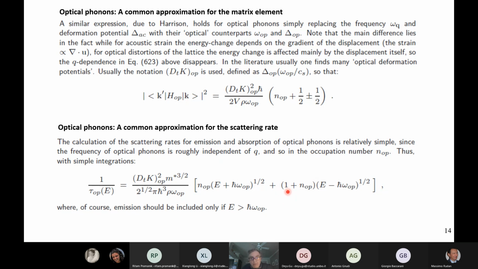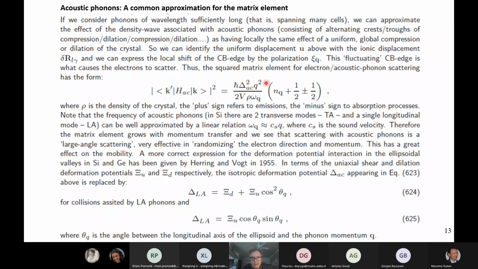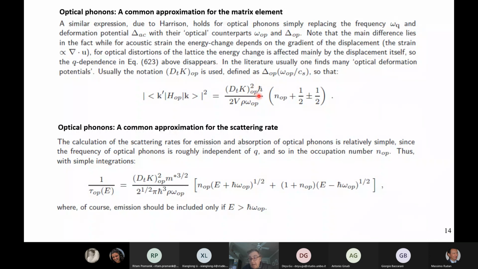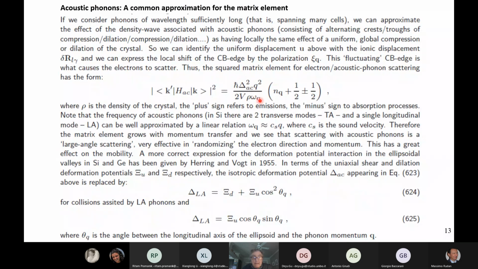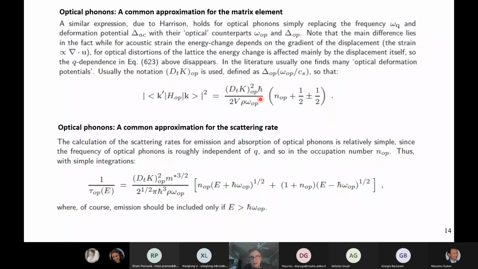Okay, for acoustic phonons, things are a little bit more complicated because we have a Q dependence. Notice this is the matrix element for acoustic phonons. There is this deformation potential, in eV per centimeter, which depends on Q. And we cannot take it as dispersionless, because this is the dispersion of an acoustic phonon, which at small q goes almost linearly to 0 with a proportionality constant, which is the sound velocity, transverse or longitudinal.